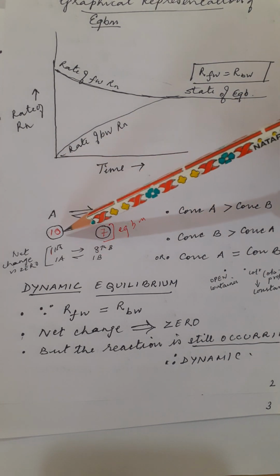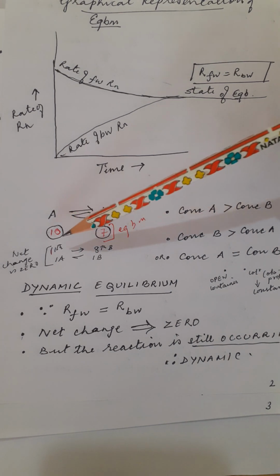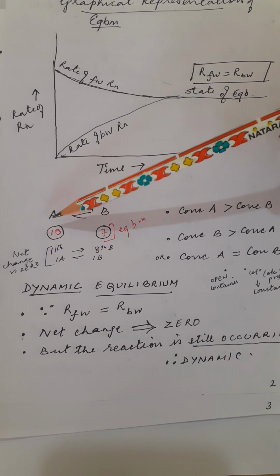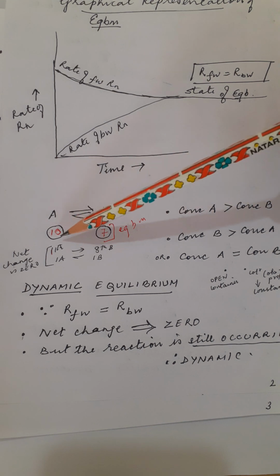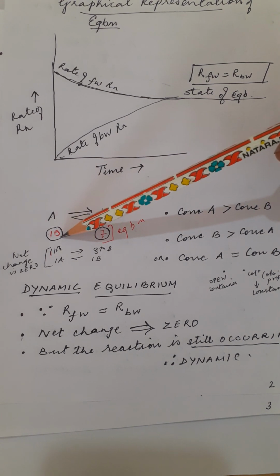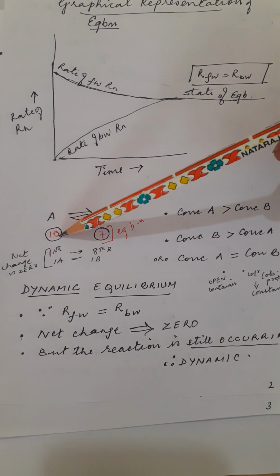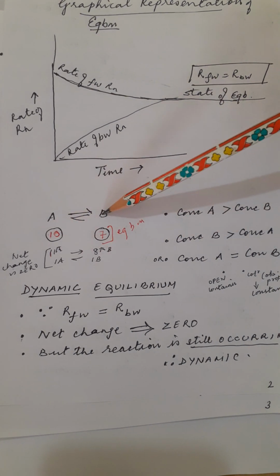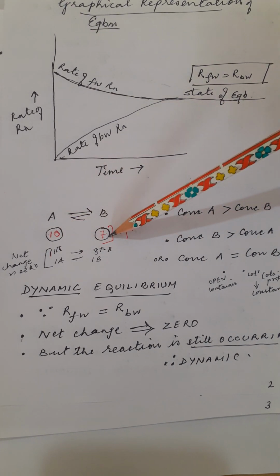At a certain point in time, this is our point under study, we find that 10 units of A are present, and they have got converted, let's say hypothetically, to 7 units of B.